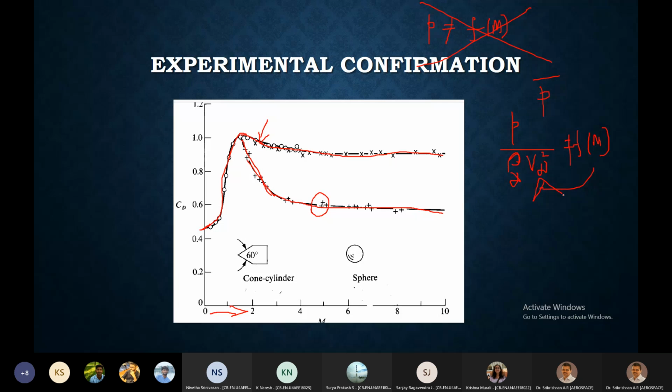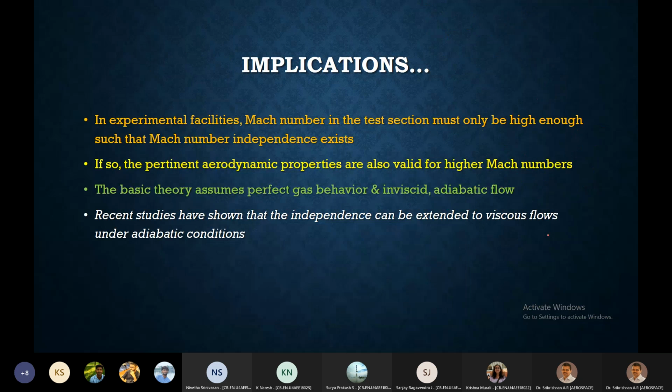And that comes theoretically from the non-dimensionalization of the equations, and it has been confirmed experimentally also to a great extent, at least for simple shapes like this. So this concept is what is known as Mach number independence in hypersonic flow.